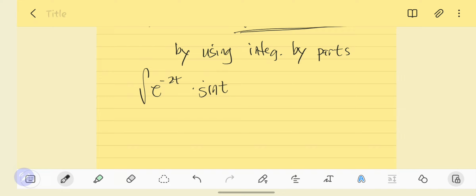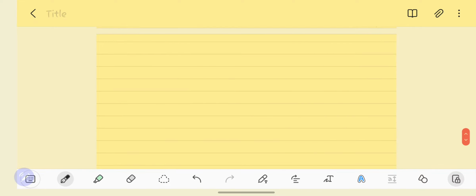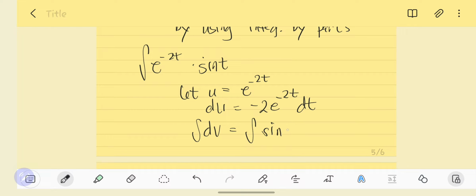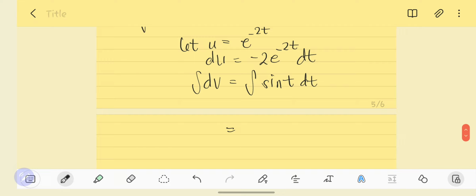We will let u is equals to e to the negative 2t, and then our du becomes negative 2 e to the negative 2t dt, and then our dv is equals to sine t dt. And then v is equals to the integral of sine t dt, which is negative cosine t.